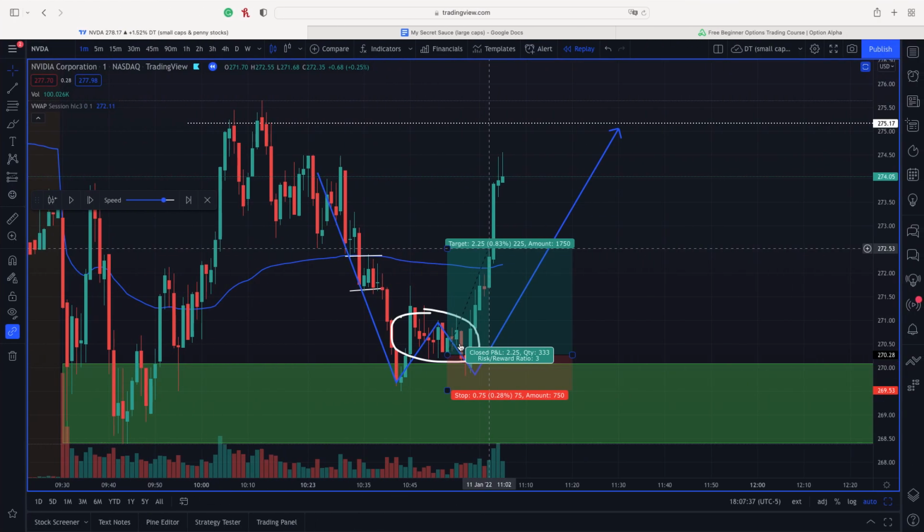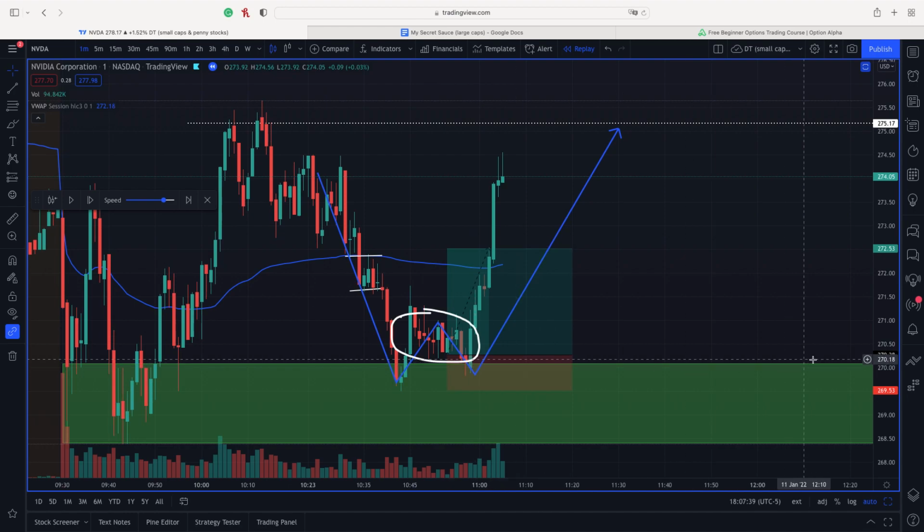Imagine that, right? The stock only moved from 270 to 272. We moved $2. Imagine if you would have bought shares, right? Let's say you bought 100 shares, it would have cost you $27,000, and you would have made $200 still. But it took you $27,000 to make only $200, right?